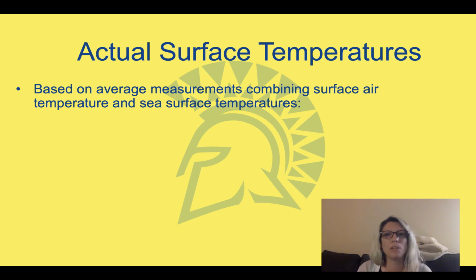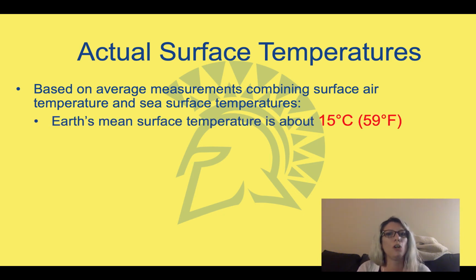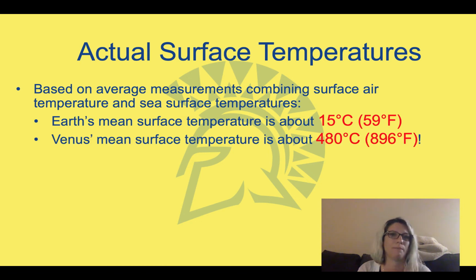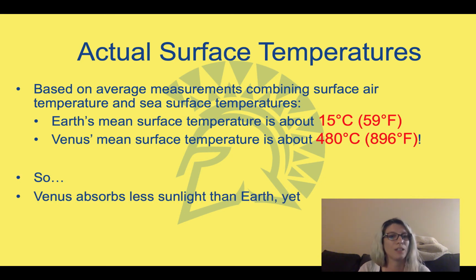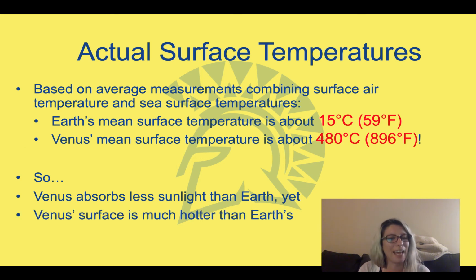But based on average measurements combining surface air temperature and sea surface temperatures, Earth's mean surface temperature is actually 59 degrees Fahrenheit. Perfect for humans. Venus' mean surface temperature is about 896 degrees Fahrenheit. That is hot. So Venus absorbs less sunlight than Earth, yet Venus' surface is much hotter than Earth's.